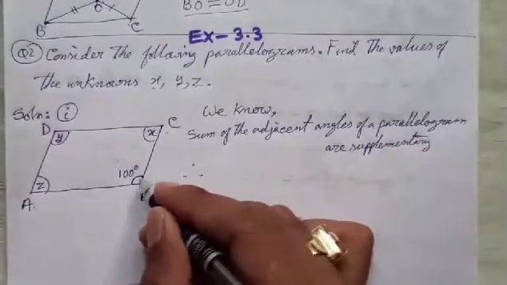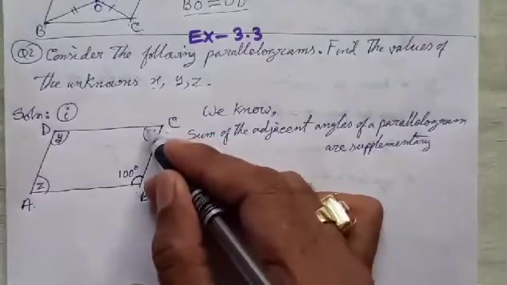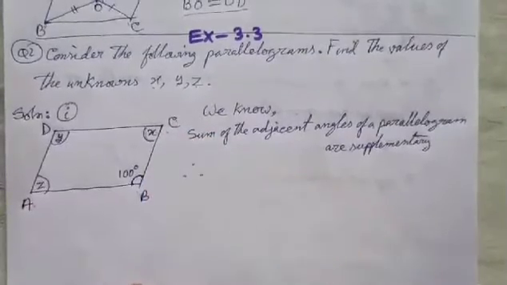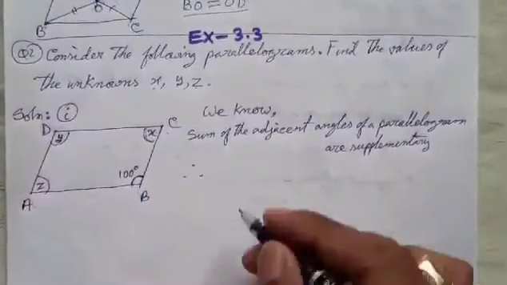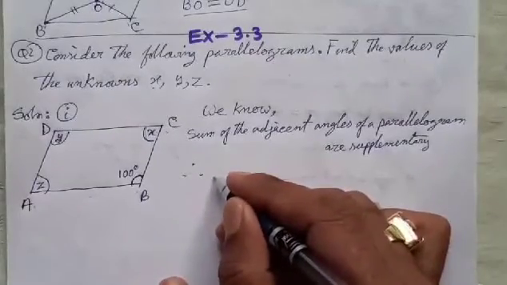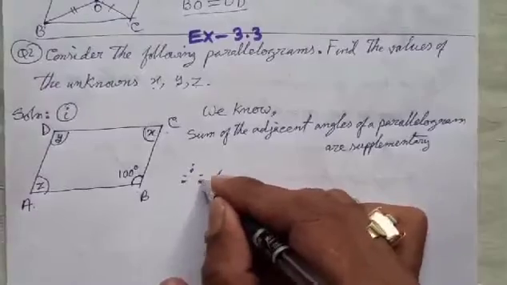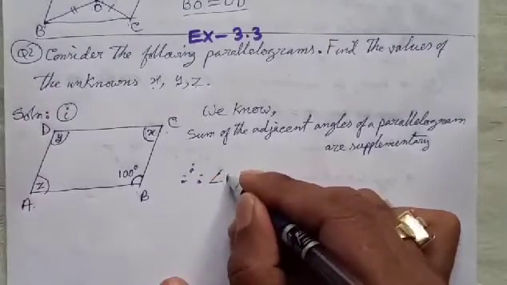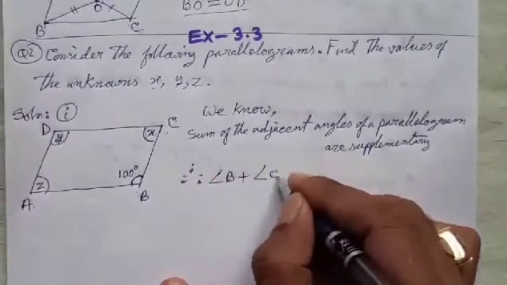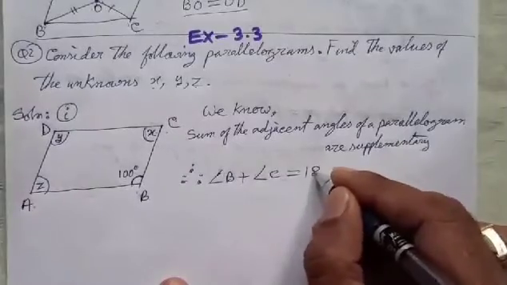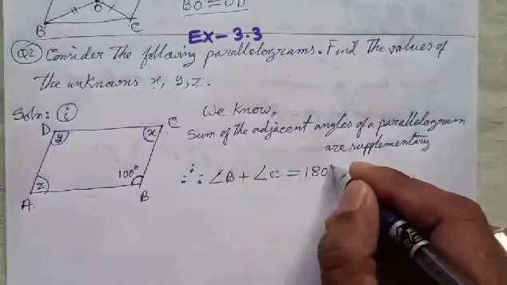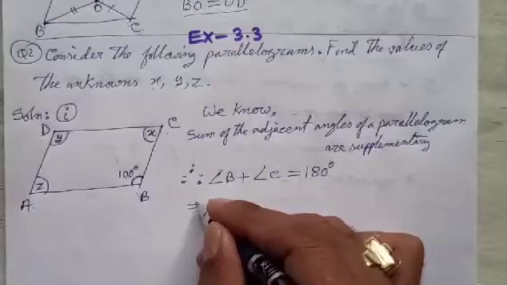Therefore, here this angle B and this angle C are adjacent angles. So the sum of these two angles must be 180 degrees. Therefore, angle B plus angle C must be 180 degrees because they are supplementary angles.